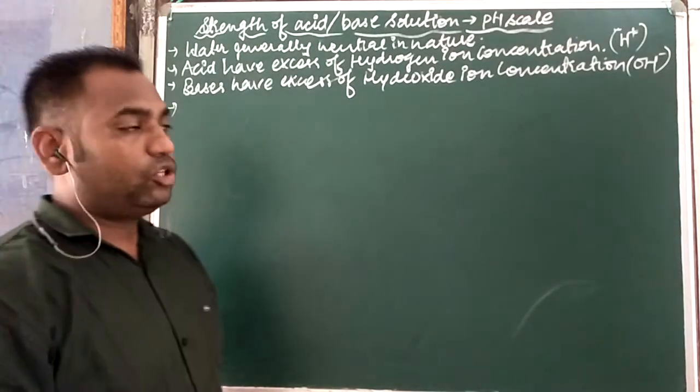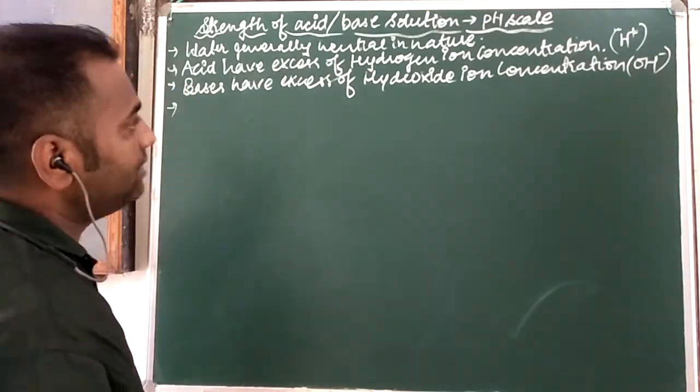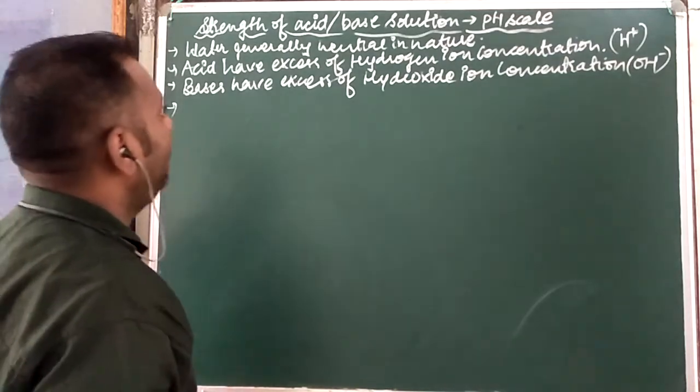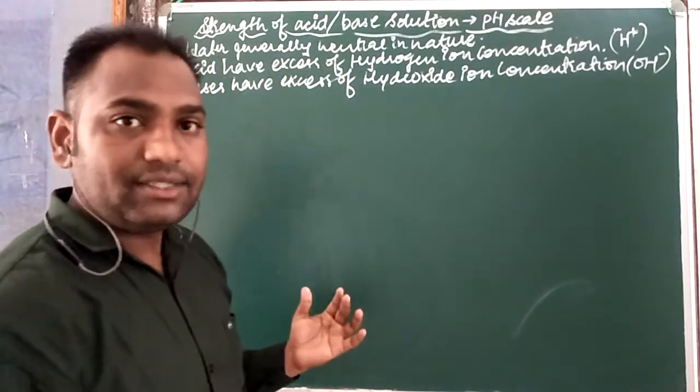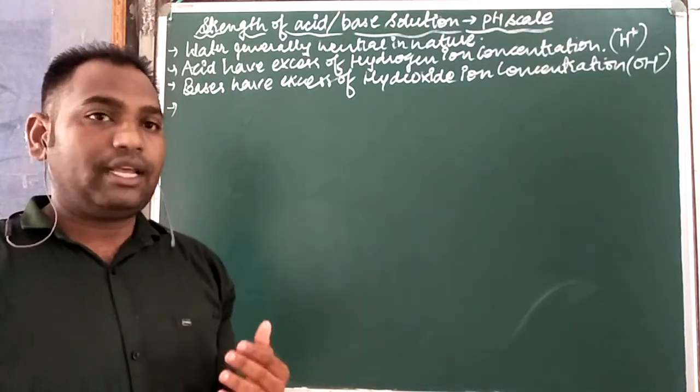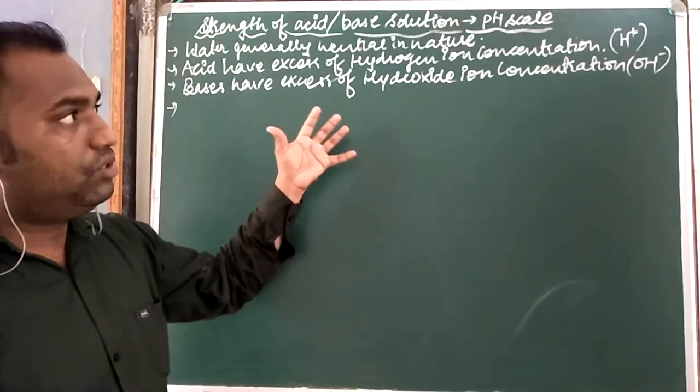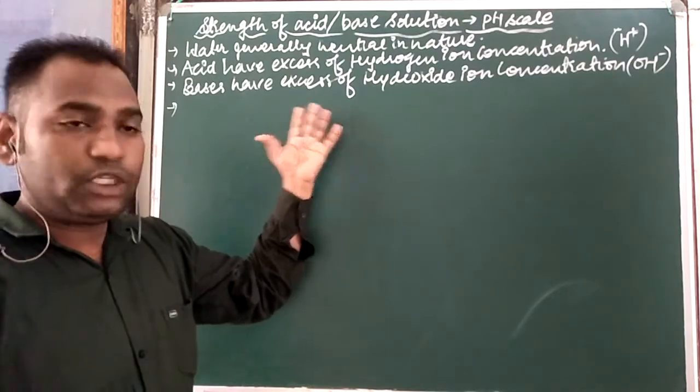Now we are discussing the pH scale. Let us revise this point once: acids have an excess of hydrogen ion concentration, so they generally have H plus ions.